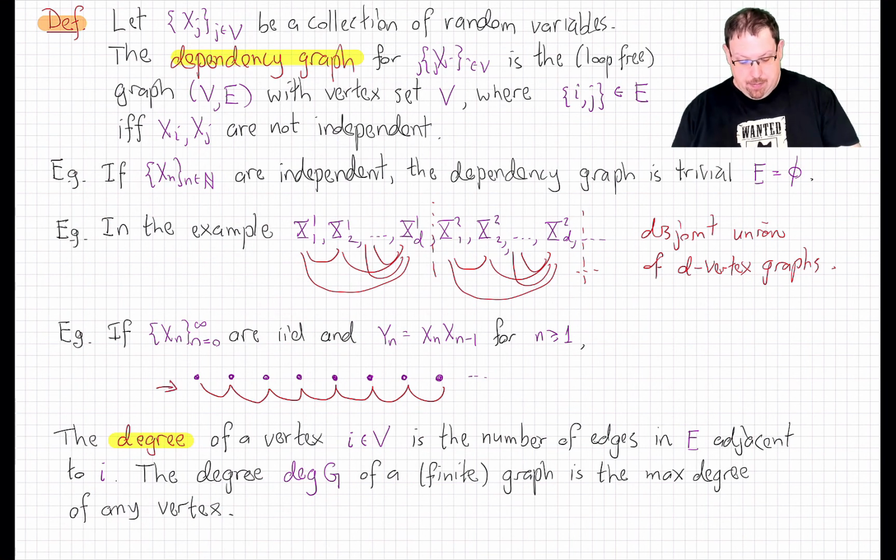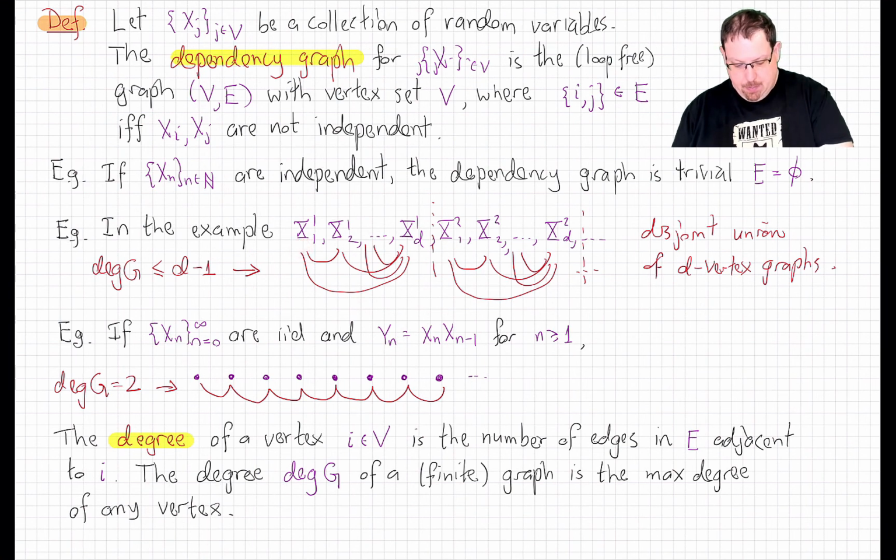So this graph here has degree equal to 2. This graph here, I don't know exactly what the degree is because it depends on what edges there are actually in each of these, but the maximum degree of this graph is d minus 1 because each vertex here has a maximum of the other d minus 1 entries of its neighborhood that it could connect to.